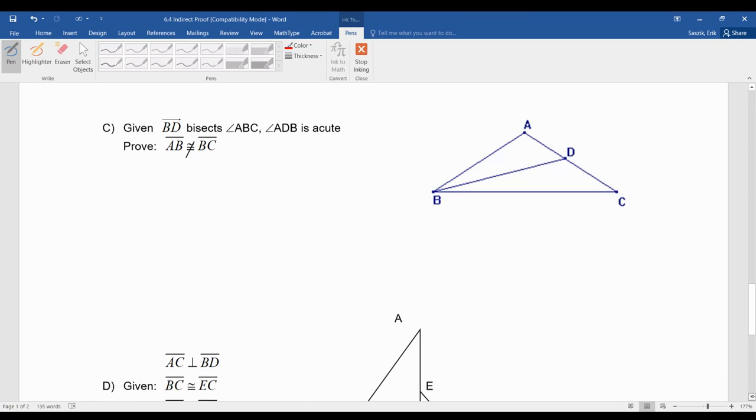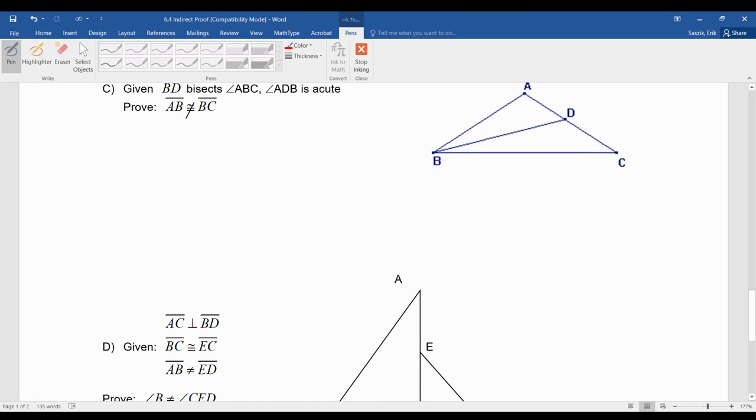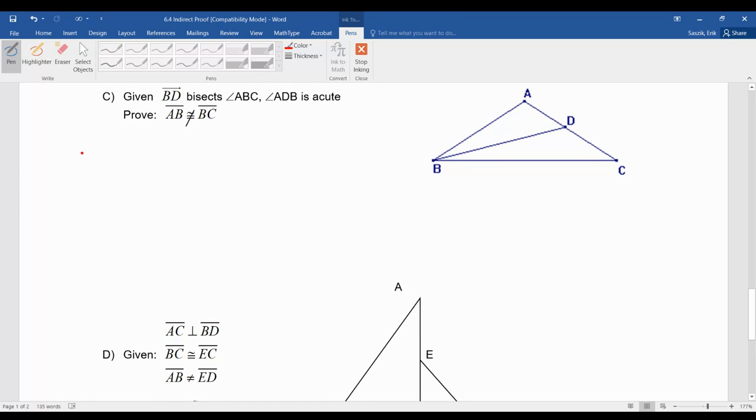So look, prove. Our first step is my given information, so I'm going to start step 2. I'm going to say AB is congruent to BC. And of course, that reason is why we assume. Now remember, BD bisects angle ABC.